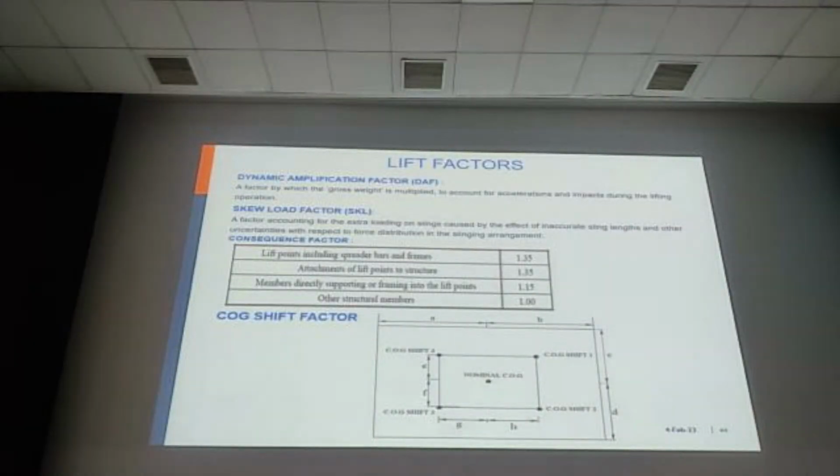The next one is lifting analysis. Once you transport to the site, you have to lift it and place it into the ocean. For that we need to do lift analysis. During lift analysis, even the initial computer model we generate may not be close to the real situation. There will be weight differences. We may not exactly model the COG position, and after weighing, our COG will be different.